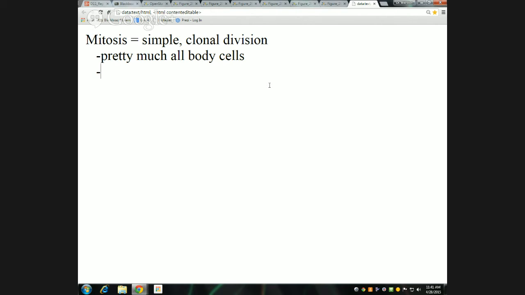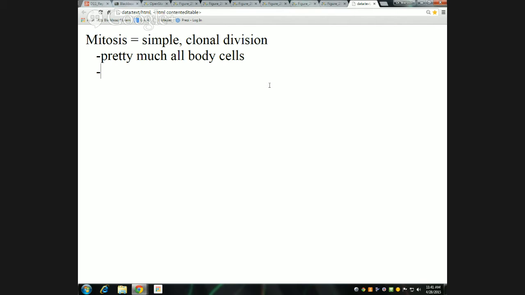How many chromosomes do we find in your average body cell? Come on, Monday people. How many chromosomes? 46, right. That's a forgivable error, because the number is actually 46, but half of that is 23.